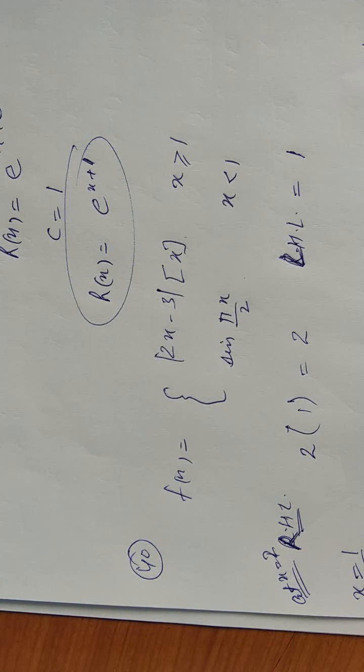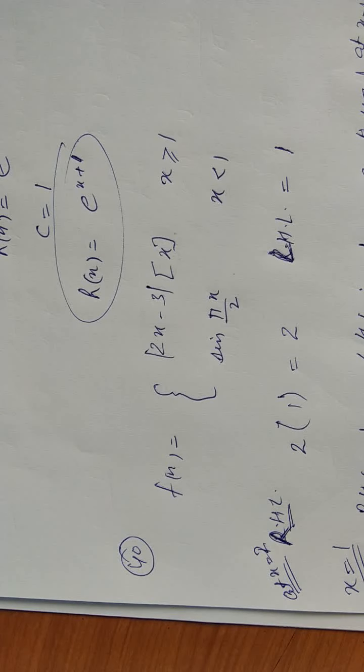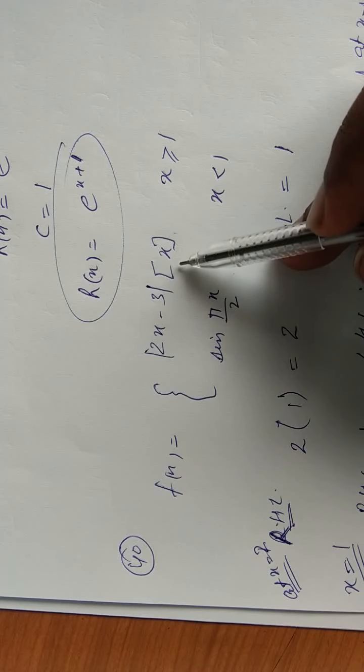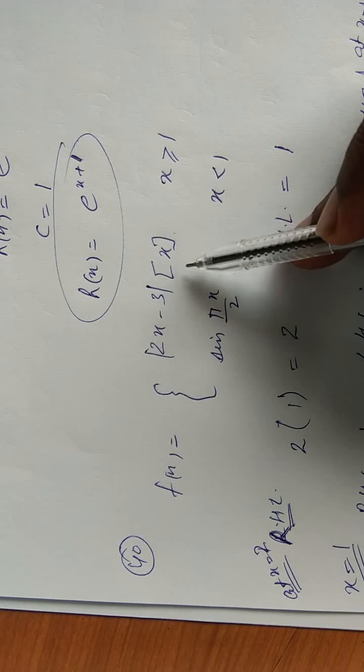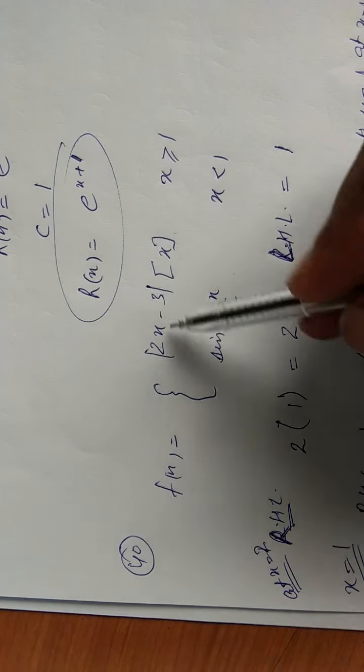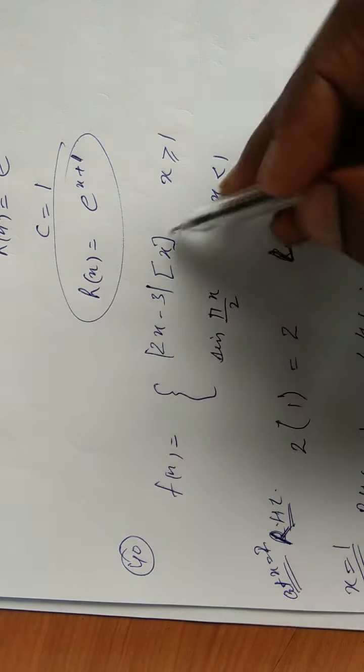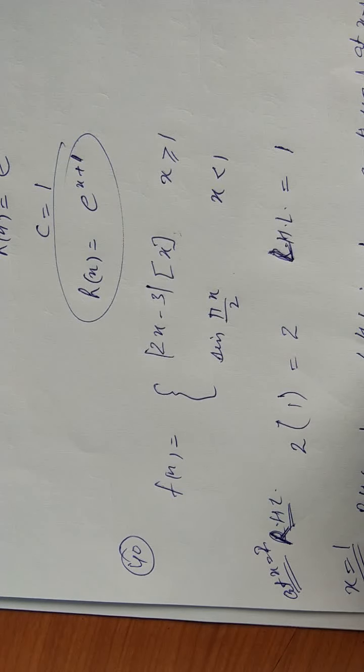Okay, now let's calculate RHD and LHD to check differentiability. So first calculate right hand differentiability. When x tends to 2 from the positive side, this will open as 2x minus 3, and this will be a constant equal to 2.